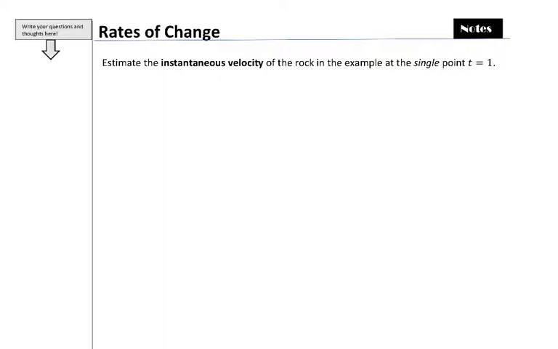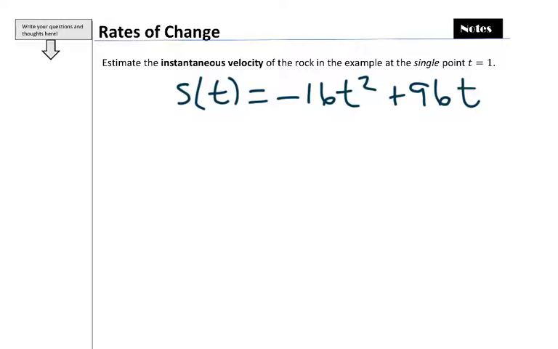All right, well, if you recall, the function that they gave us was s of t is equal to negative 16t squared plus 96t, okay? We want to know what's happening at one particular point in time. So recall, we're going to look at what happens as we approach that single point. So what point are we looking at? t equals 1. So what I'm going to do is create a table.